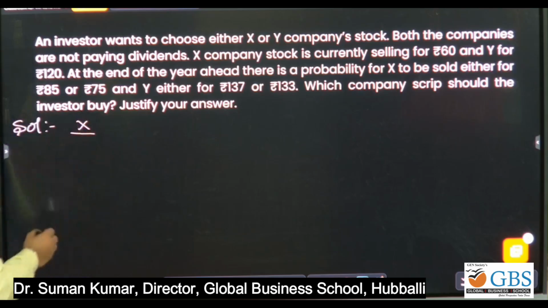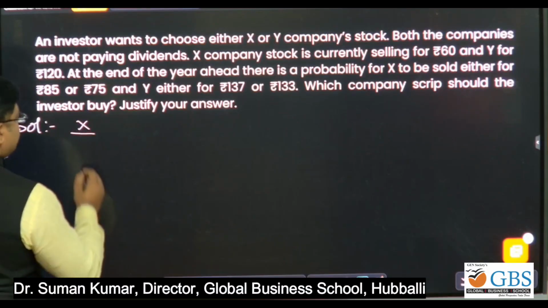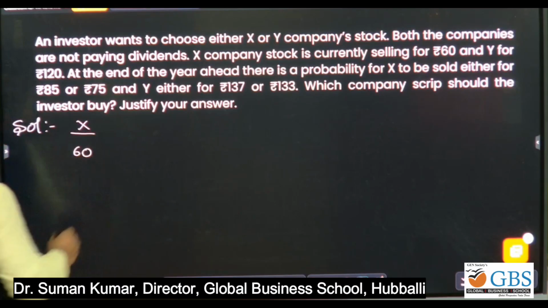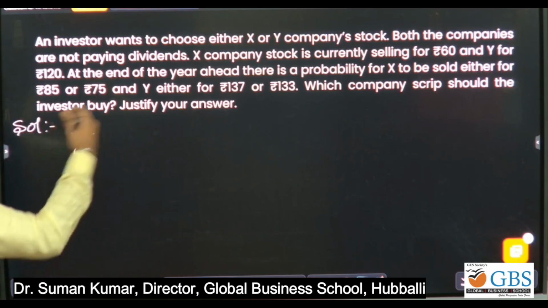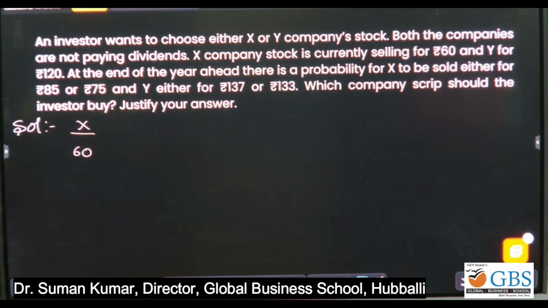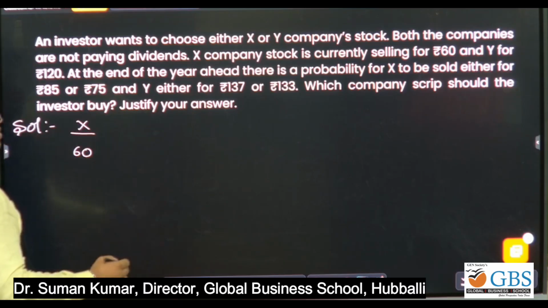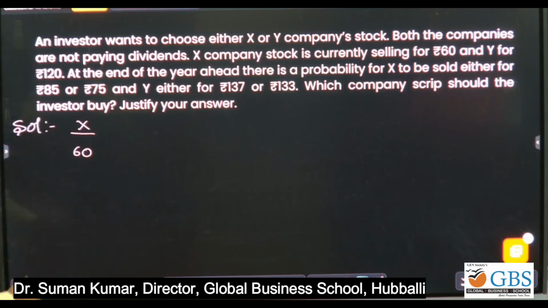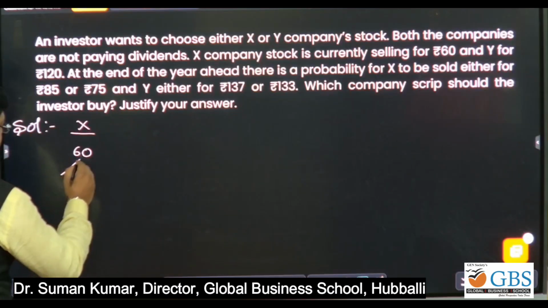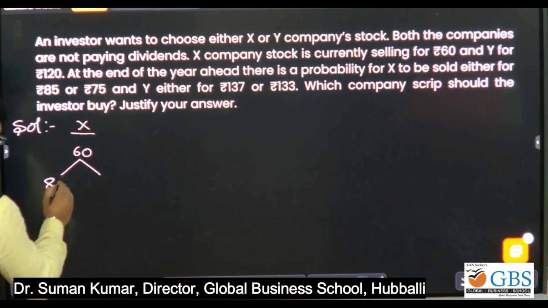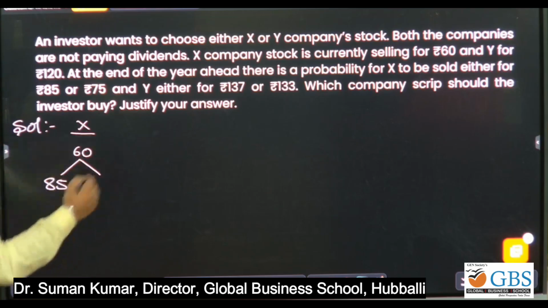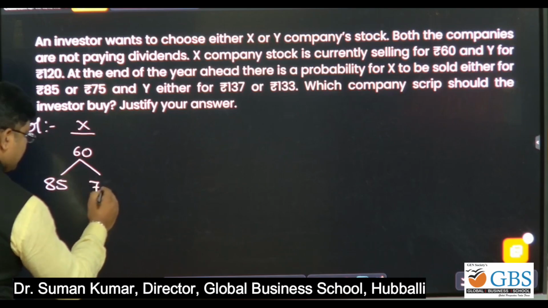So X, the current selling price is 60. We shall take Y later. Let us talk about X. It can be sold probably for 85 and 75.